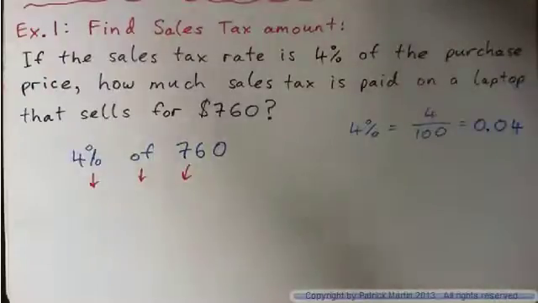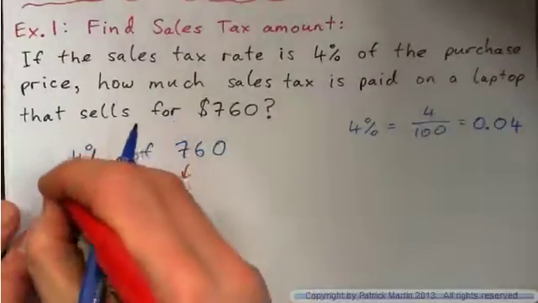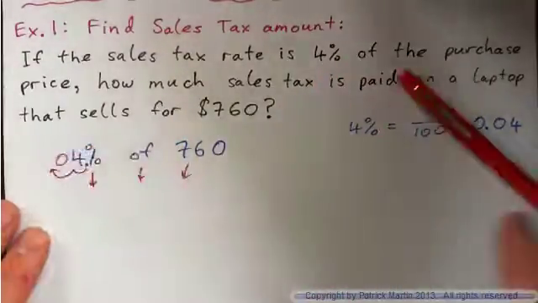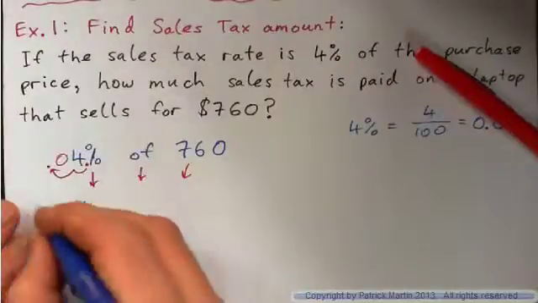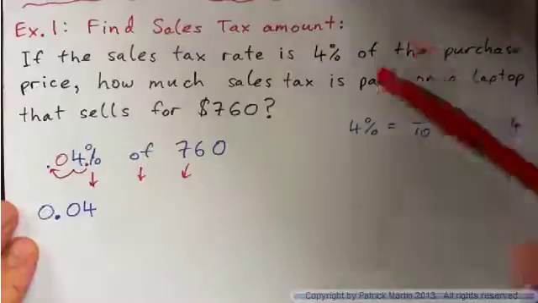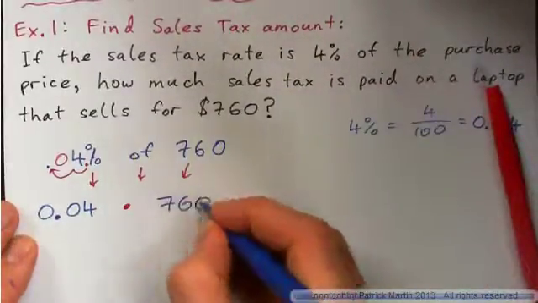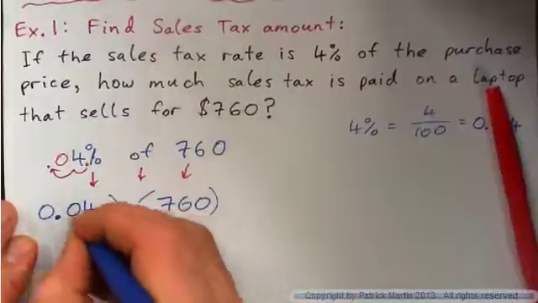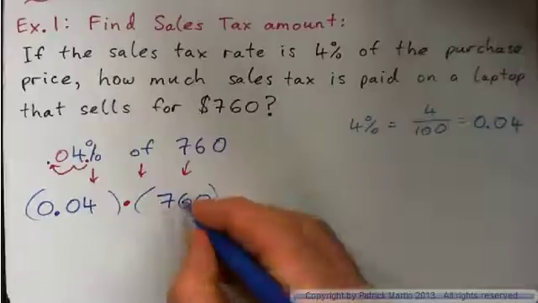Of course, the quick way of getting that is to take the decimal point and move it 2 spaces to the left and stick in a 0. So that gives us 0.04. Of, the word of means multiply. So multiply by 760. So what we have is 0.04 multiplied by 760, and we need to calculate that.